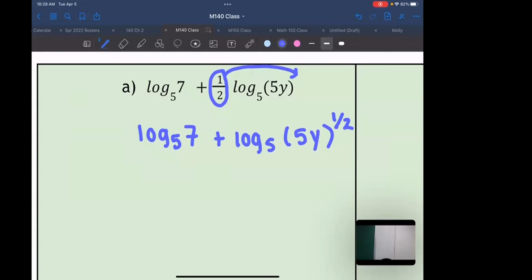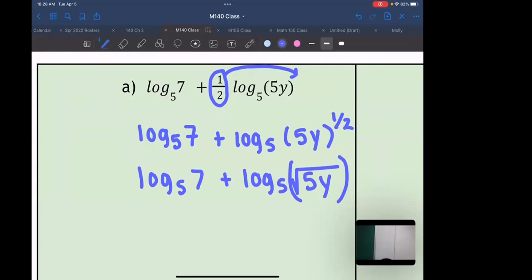Instead of converting a square root into a 1/2, when we see a 1/2 power, that turns into a square root. So we can also rewrite it as this. So we work with the exponents.